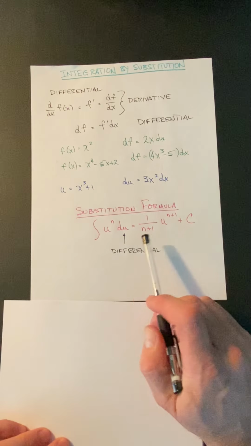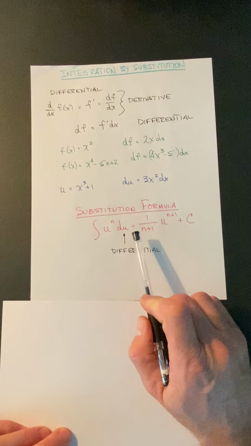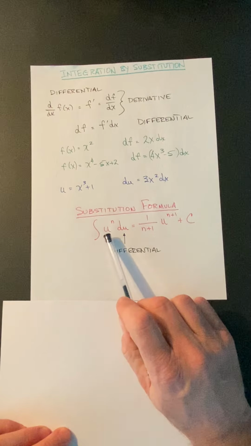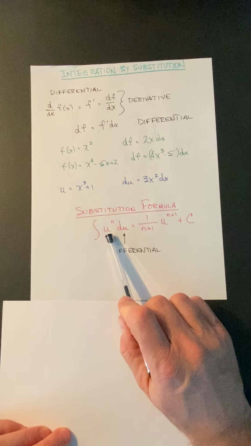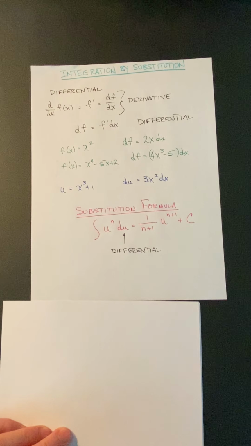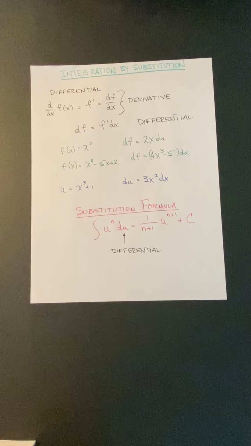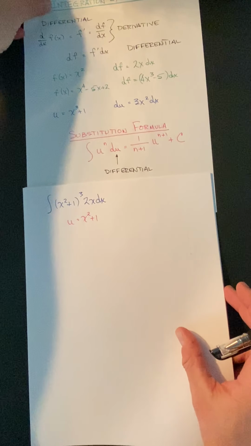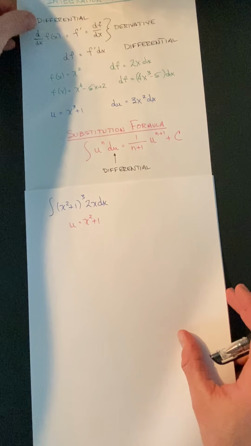So let's note then that du is the differential of u, okay? We're not used to doing anything with this until now. So let's look at some examples of this and see how that works out, okay?